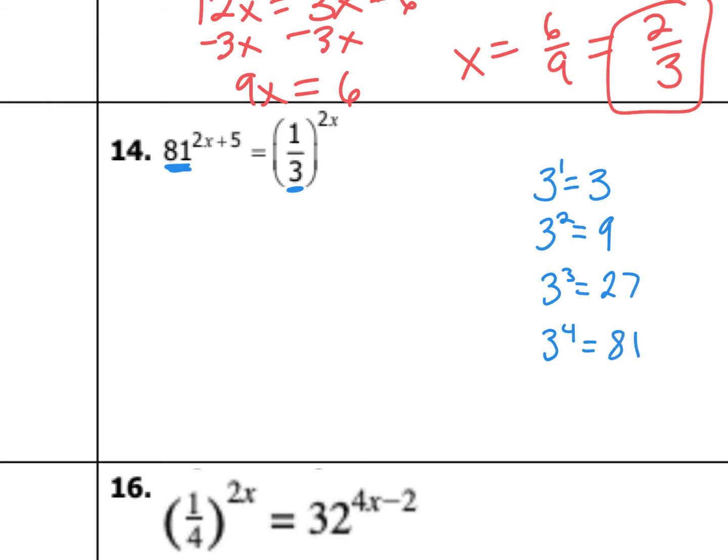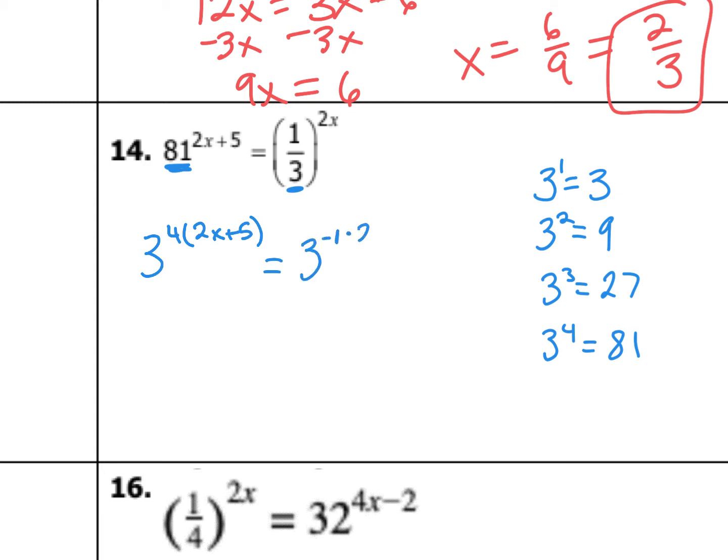81. Okay, I want you to try this one. Finish it off. Okay, what'd you do? On the left, what did that become? 3 to the fourth times 2x plus 5 equals what? 3 to the -2x. Is that right?